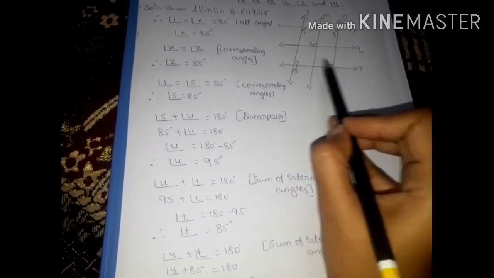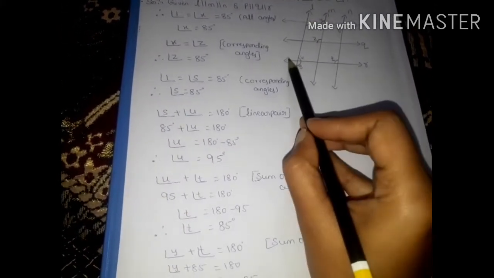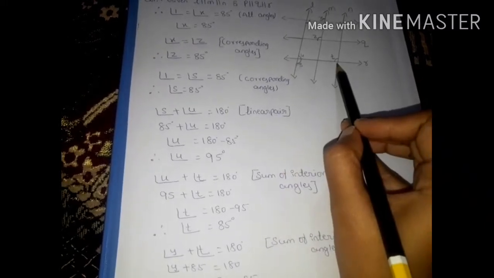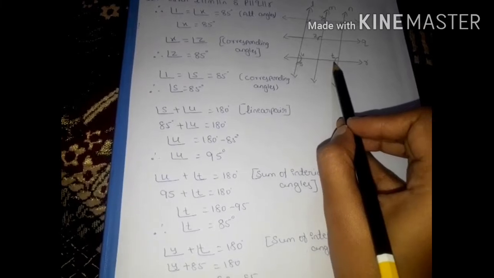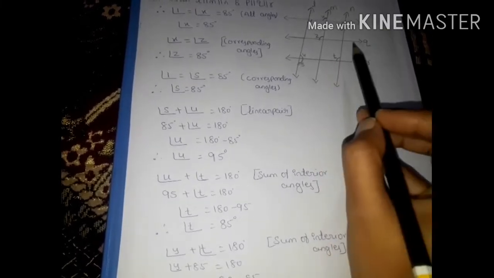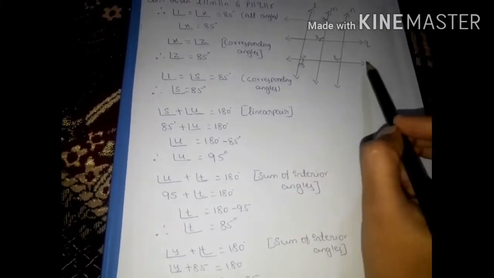Consider angle U and angle T. The sum of these two is 180 degrees, because these are on the same side of the transversal.